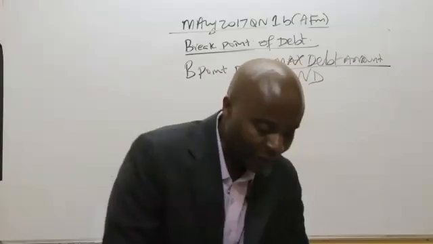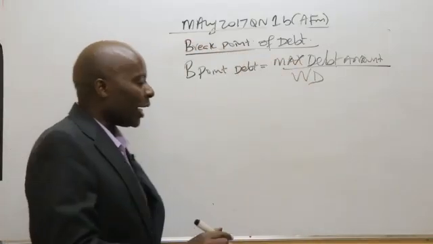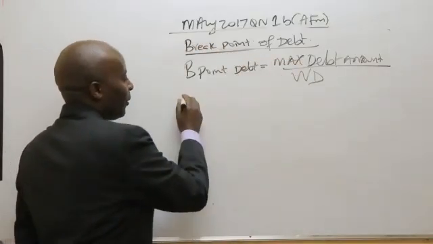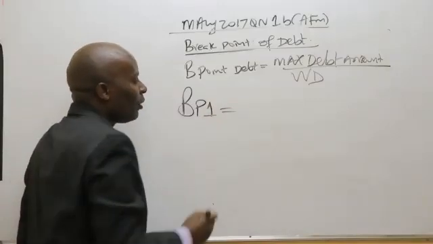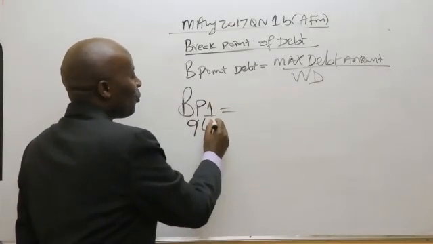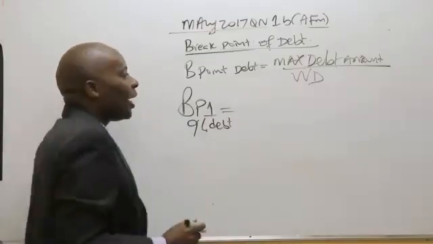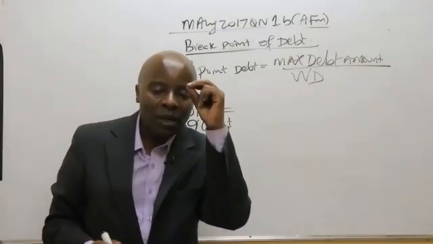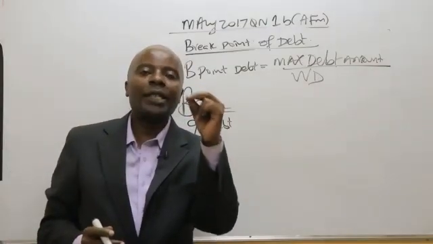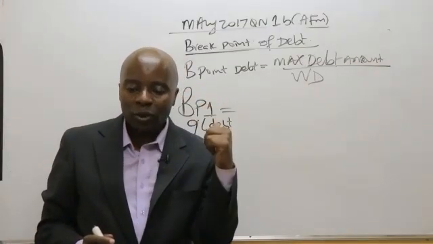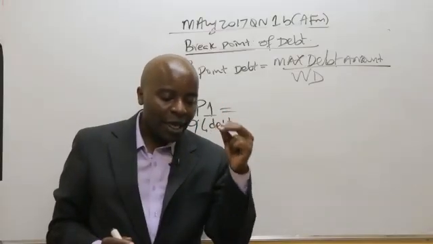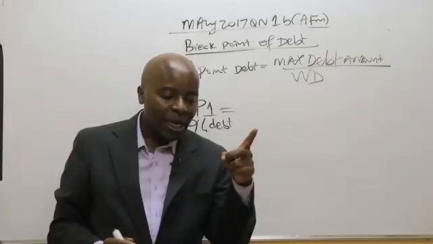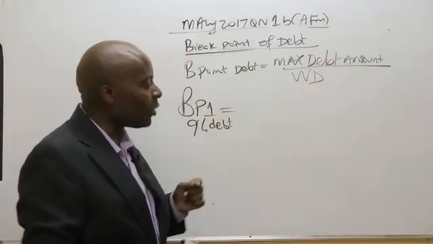So ladies and gentlemen, I'll have to calculate 3 breakpoints then. We'll start with breakpoint 1 for the 9% debt. Are you able to see the maximum debt amount we can raise out of this? Oh yes, the maximum amount that I can raise out of issuing this 9% bond is 500,000.